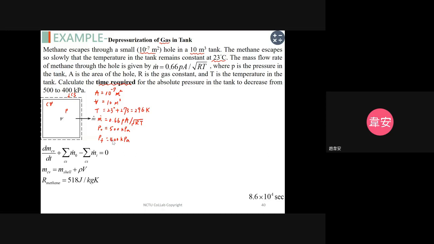Okay, so these are the parameters we will use later.